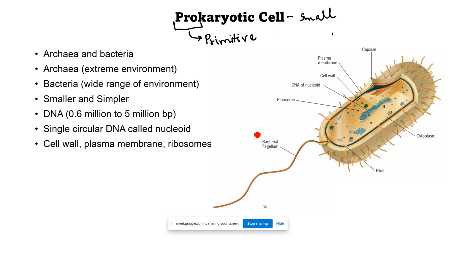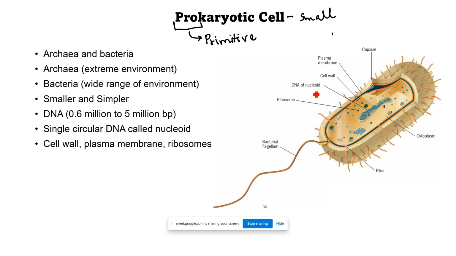So it is not present in any organelle like the nucleus, which is present in the eukaryotes. That is why it is not bounded by any nuclear membrane. That is why this is called a primitive type of nucleus, and this structure is called the nucleoid.